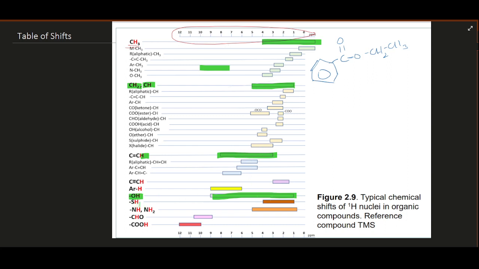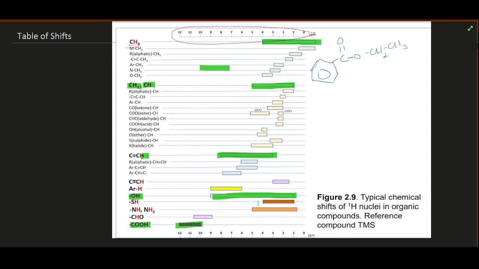The proton in the SH group has a range from, I think, 2 to 5, and the proton in the carboxylic acid group has a larger chemical shift than the other ones. It has a shift from 10 to 12. And the ones in NH and NH2 have a chemical shift from 0 to 5.